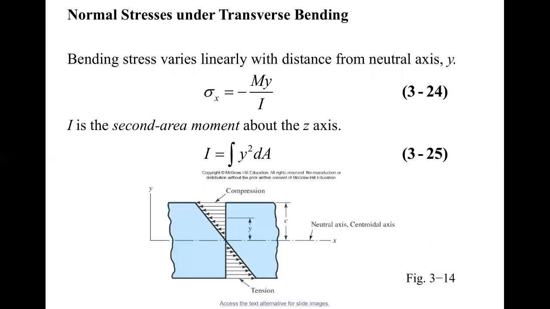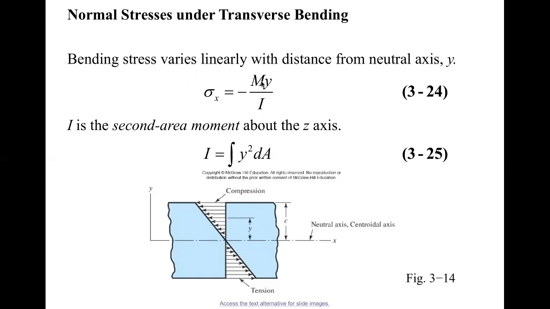So, after you find the bending moments, how do you find the transverse bending stress, sigma? Basically, we use the same equation. Sigma, the bending stress, equals negative My over I. M will change with x.